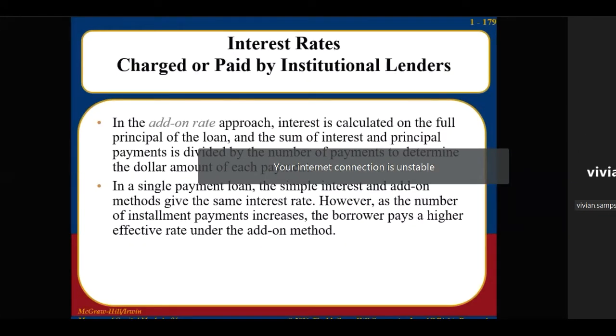166.67 by 48. When you do that, what will you get? The interest payment. When you multiply it by 48, what will you get? Now, you should get 8,000.